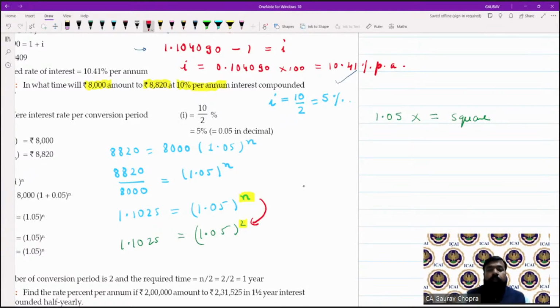Okay, but you have to be careful while giving the answer. Since n is 2, what is 2 here? Interest was compounded half yearly, so these two are half years. Now we have to convert it again into years. So 2 half years means 1 complete year.